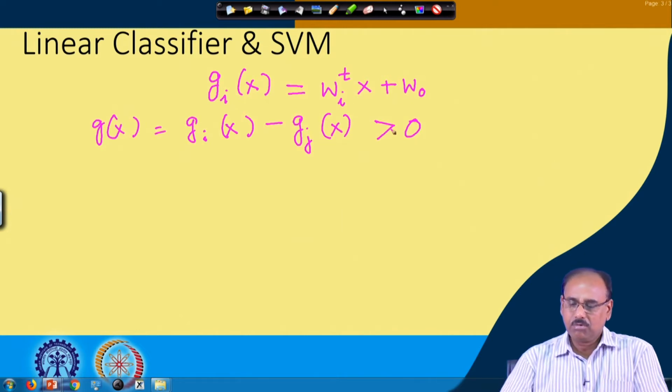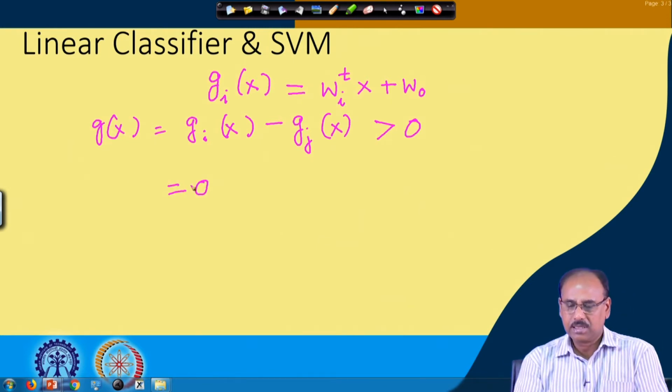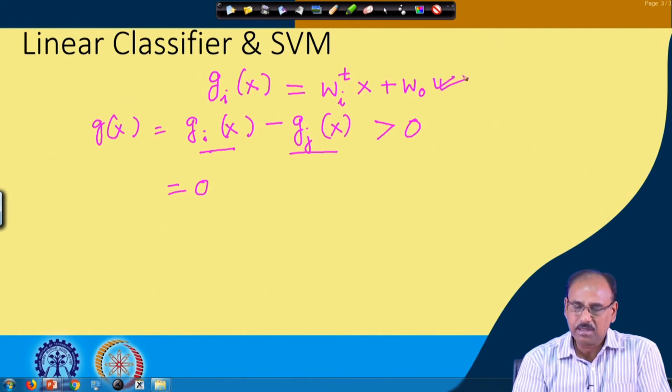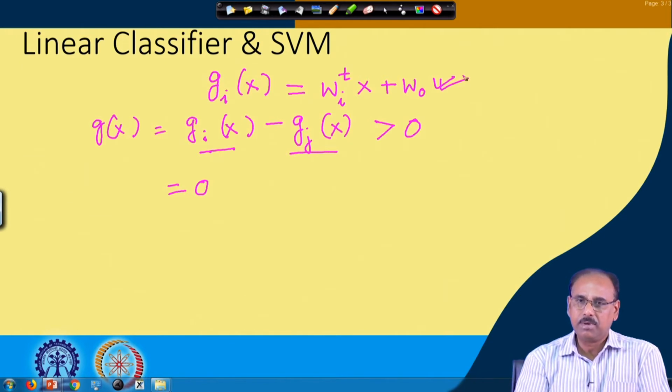And the boundary between the two classes is given by g x equal to 0, when g I x and g j x are both the same. In such a case, if g I x and g j x are linear, then g x also becomes linear, which is the separating boundary between two different classes.